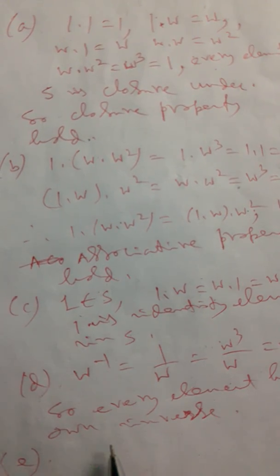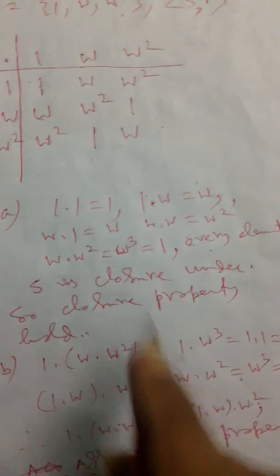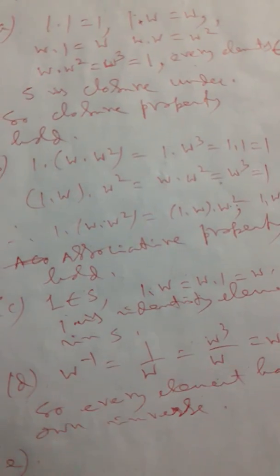Finally, we find that the table is symmetric about the principal diagonal, so it is an abelian group.